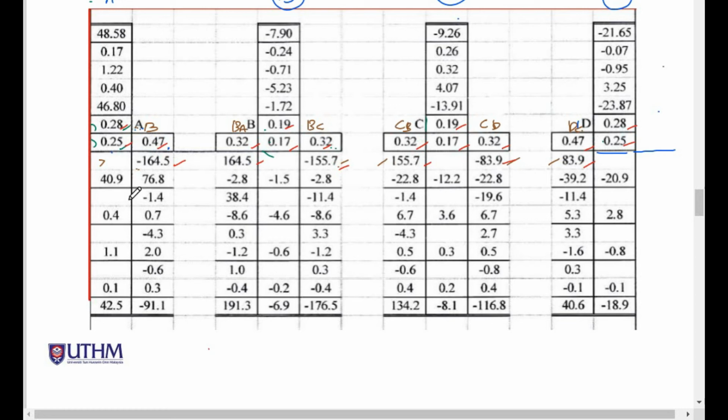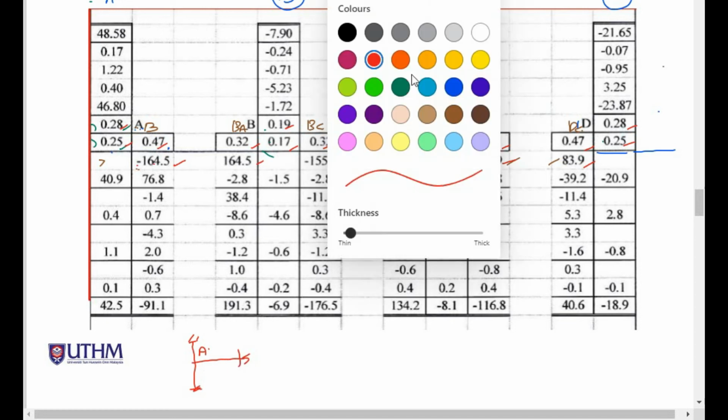First please take note, look clearly. This is 164.5. This is joint A. And the moment is negative.